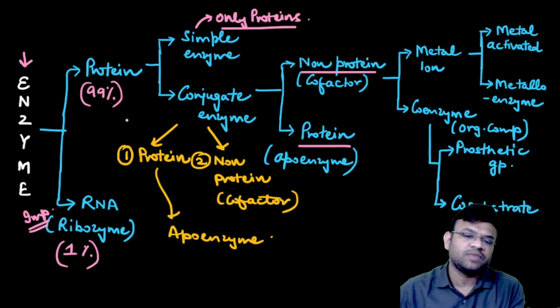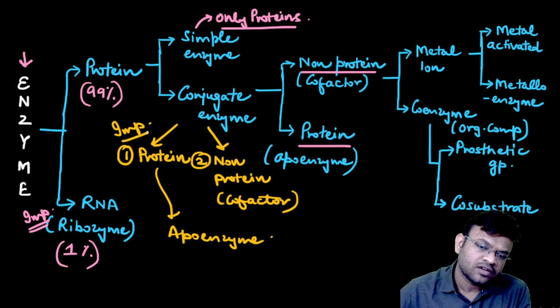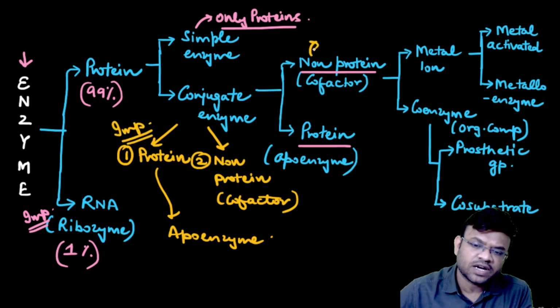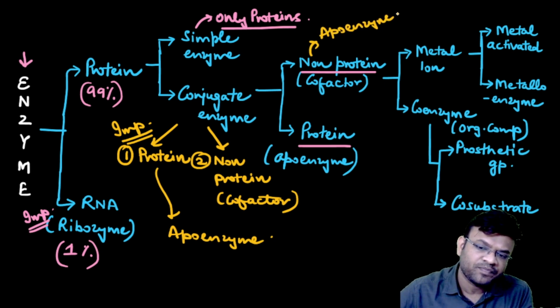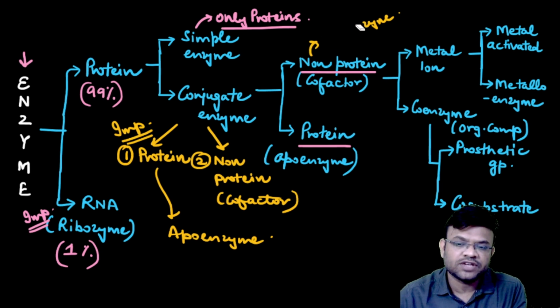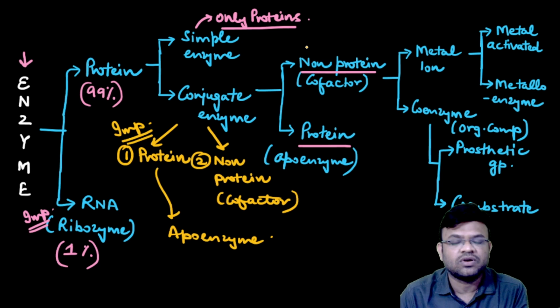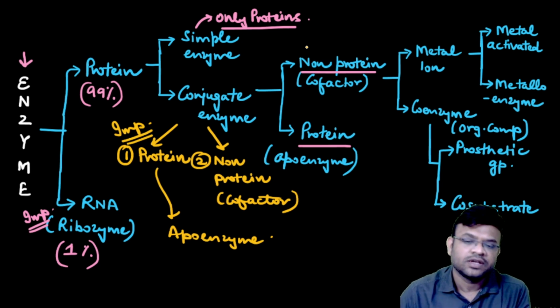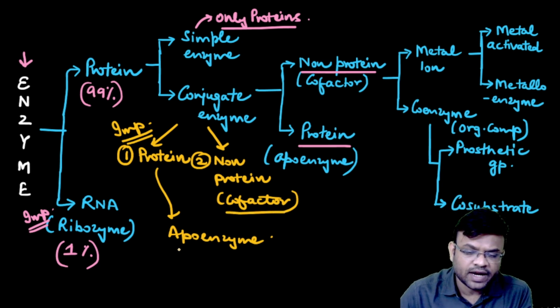Now this is extremely important. Please remember this: the proteinaceous part is called apoenzyme, and the non-proteinaceous part is called cofactor. So remember this, cofactor and apoenzyme.